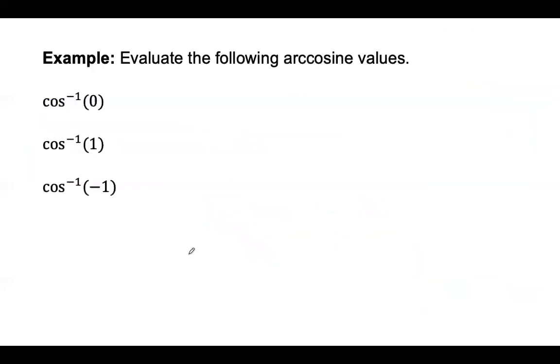Okay, so we're going to evaluate the following arc cosine values. We're going to evaluate the cosine inverse of 0. By definition, it's the same thing as arc cos of 0. So what does this equal? I'm going to write it over here.